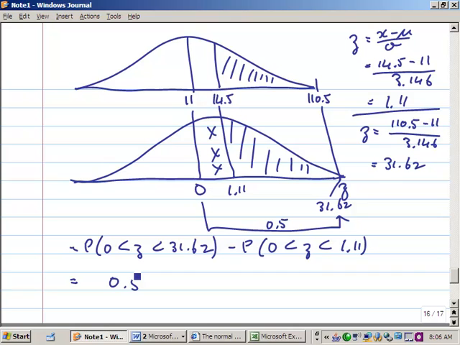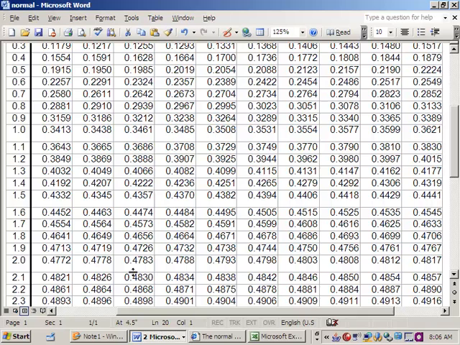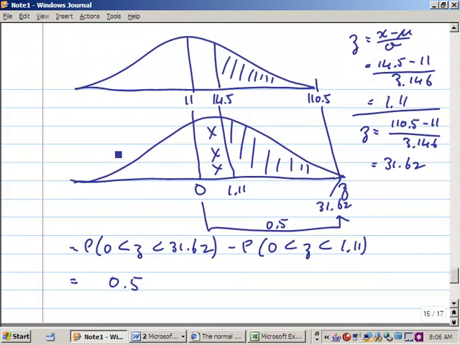So from 0 to 31.62, since it's way off the chart, is approximately a half, and then to 1.11, 0.3665, and that should be something like 0.1335. Alright, so there's a 13.35% chance approximately that 15 or more of the IT personnel from that particular firm will not be there a year from today. Alright, that's that problem, and that's the end.